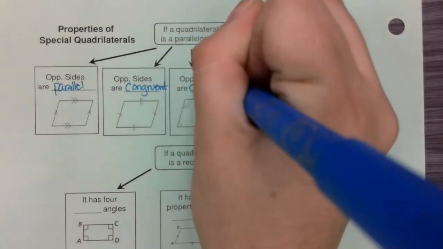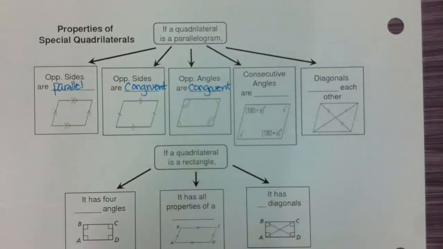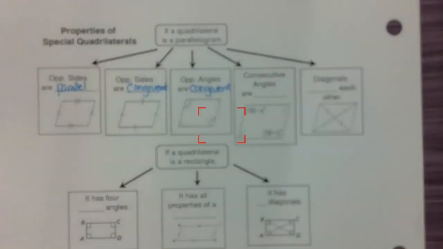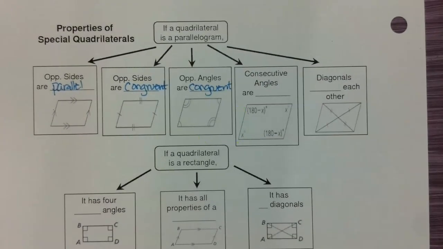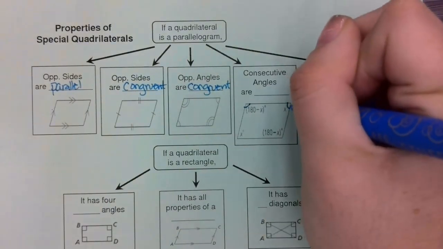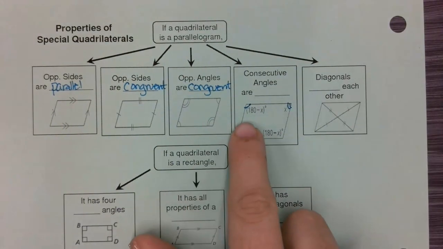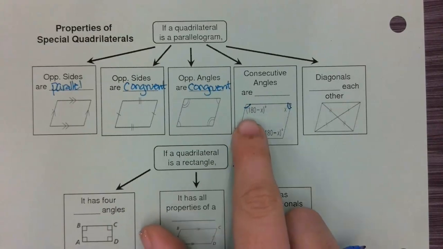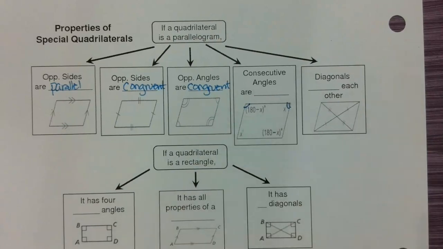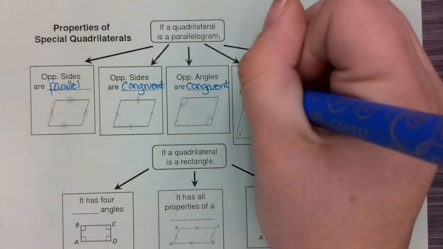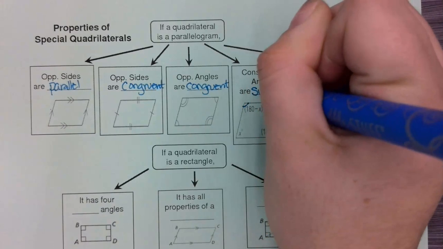So if it's across the parallelogram, they're the same size. Consecutive angles, so 2 in a row, are what? What's it called when they add up to 180? Supplementary.